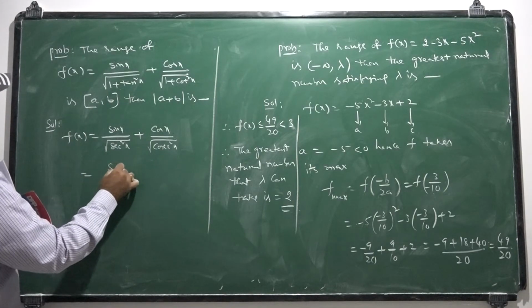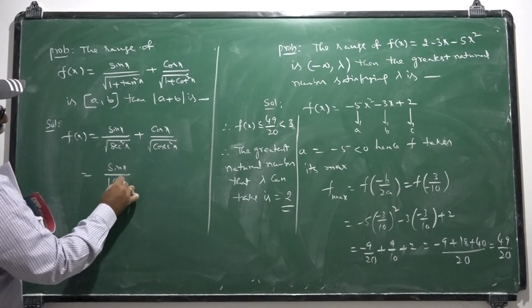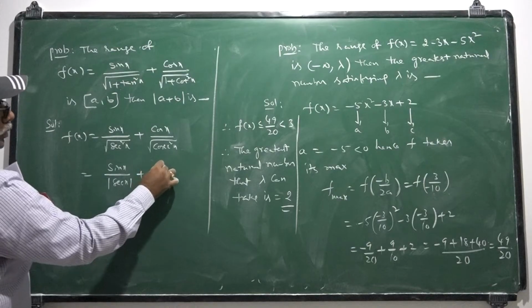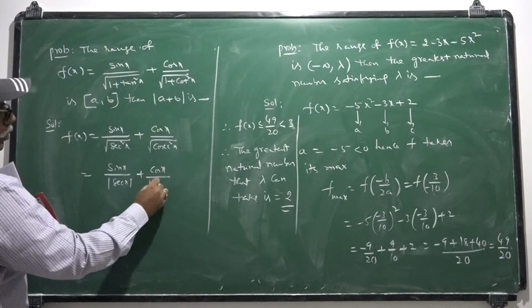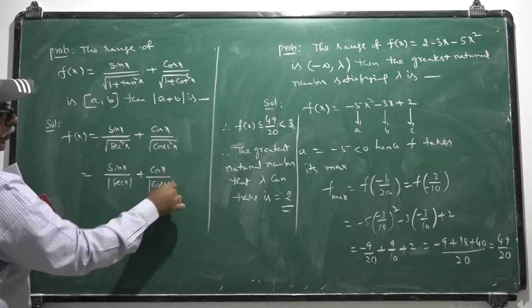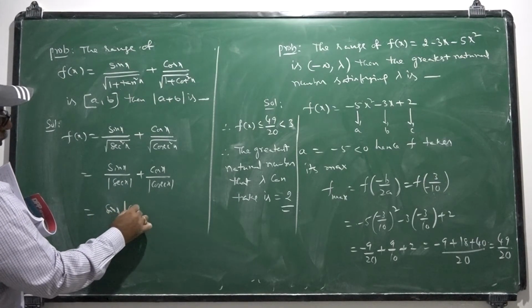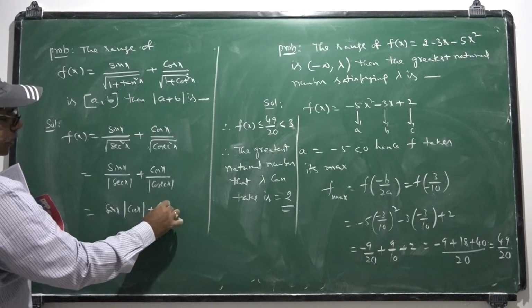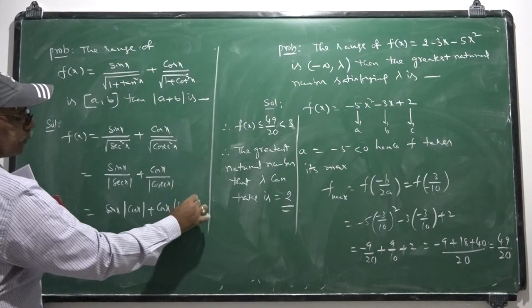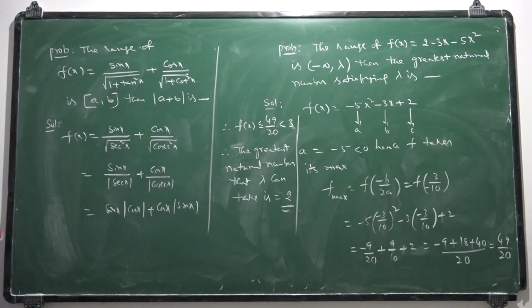That is sin x by mod secant x plus cos x by mod cosec x, which is sin x modulus of cos x plus cos x modulus of sin x. Now we will evaluate this one.